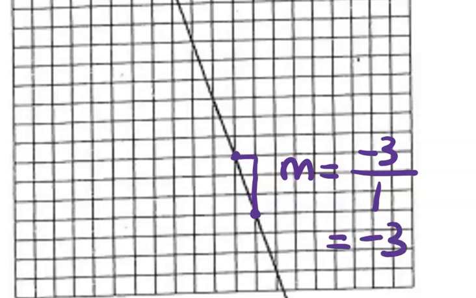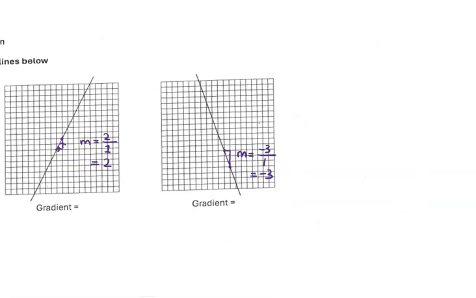In the third one, let's pick this point here, and then I'm taking my pen and going down, looking for a blob, and there it is. For this one, the gradient is out 1 and down 3. That gives me a gradient of -3.